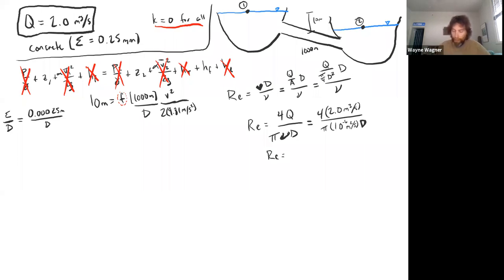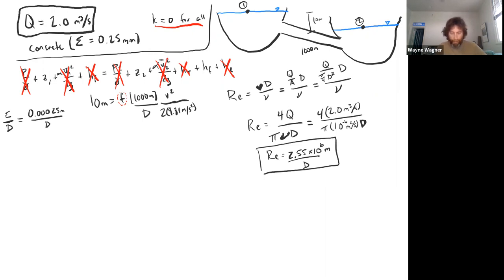All right, so it's a really big number: 2.5455 times 10 to the, let's see, 1, 2, 3, 4, 5, 6. I really need to learn where the scientific notation button is on my calculator. Okay, so that's the Reynolds number.